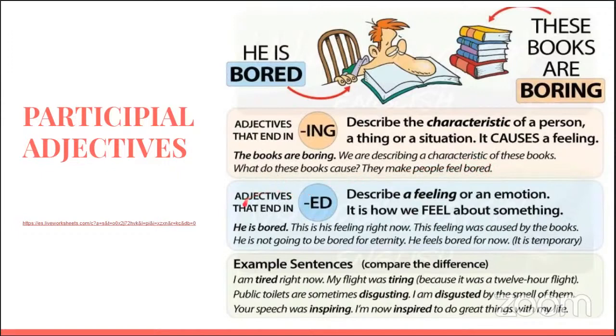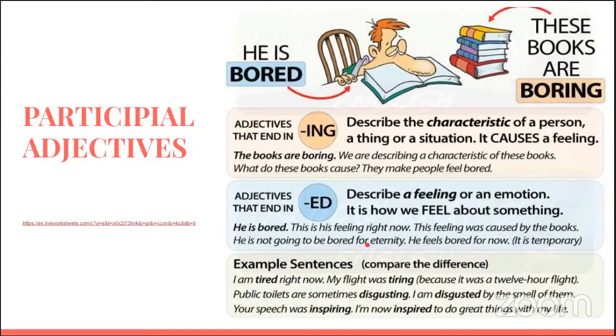And adjectives that end in ed describe a feeling or an emotion, and it is how we feel about something. For example, he is bored. This is his feeling right now. This feeling was caused by the books, and he's not going to be bored for eternity.